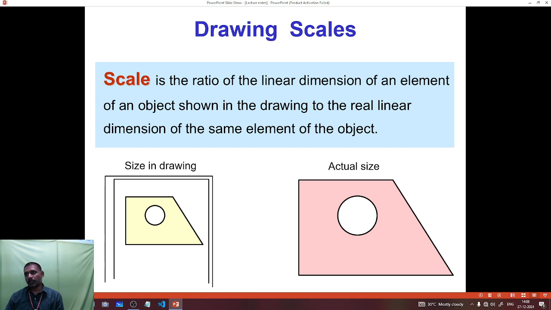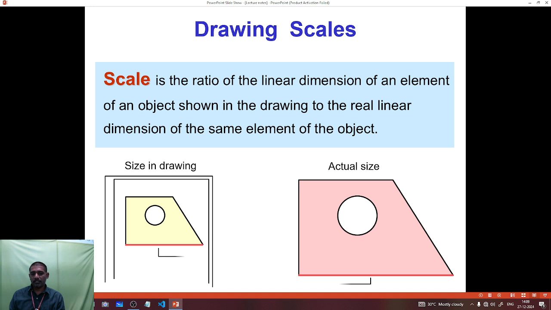What does the actual size mean? Actually the object is 1000 mm. Imagine the actual size is 1000 mm; we can't draw 1000 mm in the drawing sheet. So we introduce the scale, which means the 1000 mm is converted into 10 mm.